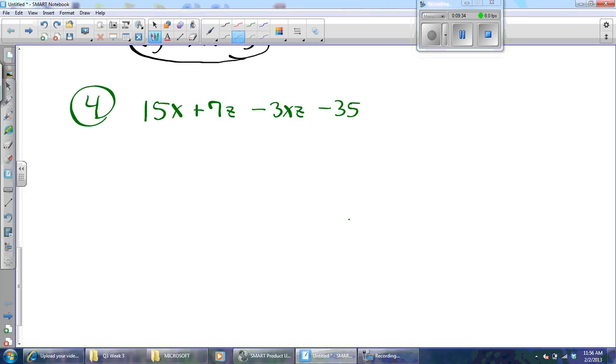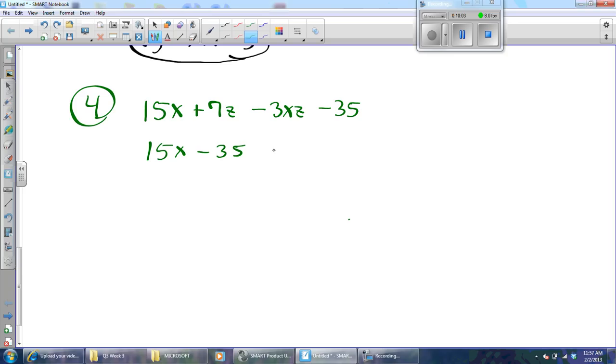15x plus 7z minus 3xz minus 35. And again, I look at the first two terms, and I don't see a GCF. So I'm going to rewrite this problem. And I'm going to leave the 15x out front like I thought. I have two choices. I could put the minus 3xz with the 15, because there'd be a GCF there, or the minus 35. I'm going to go ahead and do the minus 35.